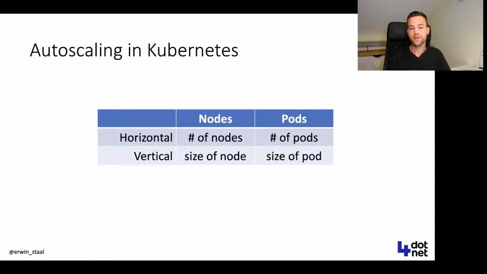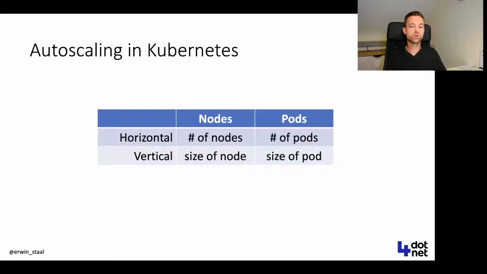There's also vertical scaling. By that we mean that we could resize the nodes. It depends a bit on where you run the cluster, on what public cloud environment, for example, if this is an option. But sometimes it is the case. So we could resize the node, add CPU, add memory.